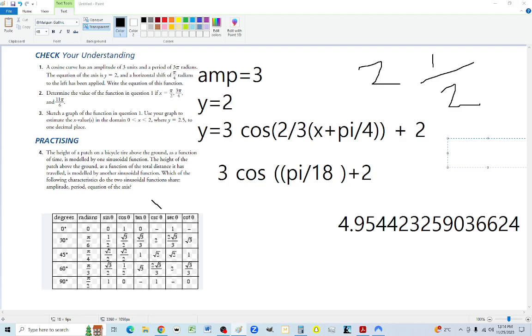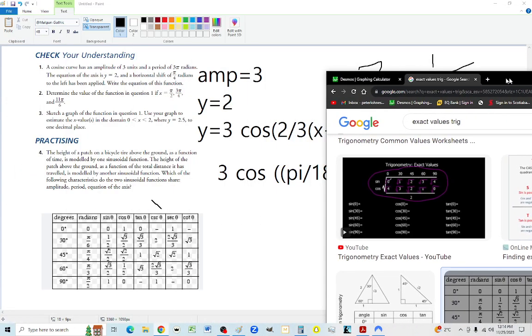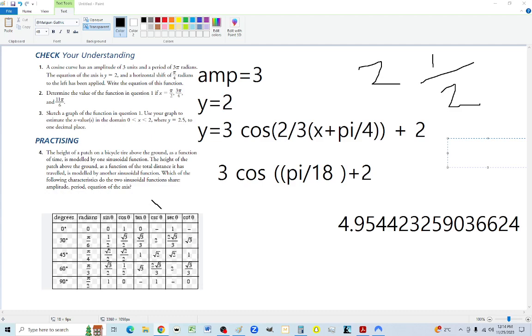Pardon me. So let's model this and see if this is accurate. Let's take our Desmos. Let's throw in our adjusted formula that we just found. F of x is equal to 3 cos 2/3 x plus pi over 4, plus 2.